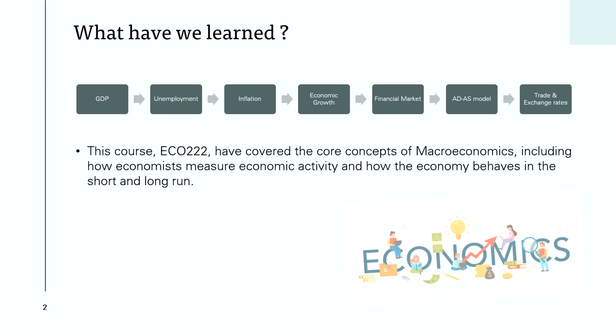These concepts help you understand how an economy expands, contracts, and responds to policy, such as fiscal and monetary policy. We also connected the US economy to the global economy by studying trade and exchange rates. What you have learned in this course gives you a complete framework for analyzing economic conditions.